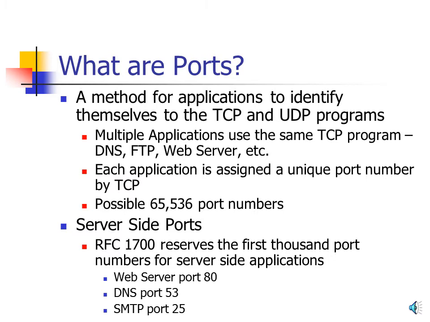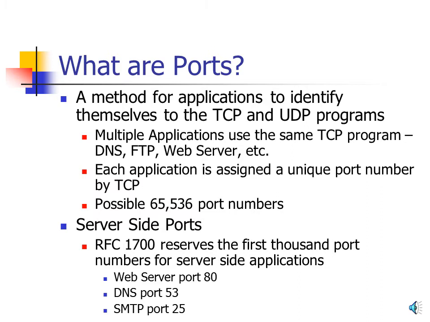So what TCP does, and likewise UDP, but what TCP does, is that it assigns a unique port number to each application. Now there are a possibility of over 65,000 ports, but port numbers are divided into server-side ports and client-side ports. Let's first talk about server-side ports.